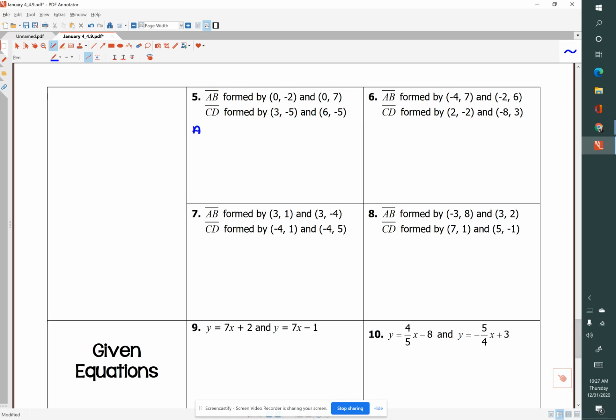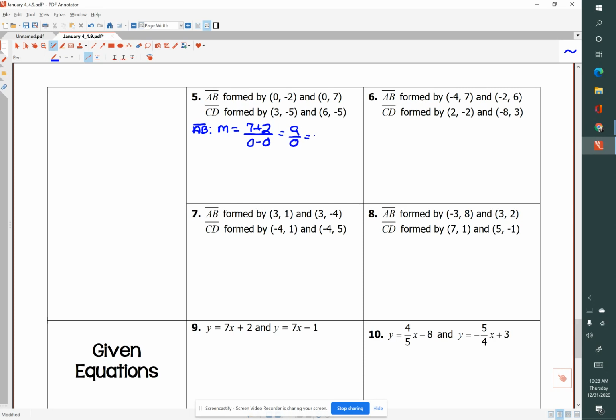We have line AB, which is formed by (0, -2) and (0, 7). So this will be 7 minus -2, which is 7 plus 2, over 0 minus 0, which gives us a slope of 9 over 0.